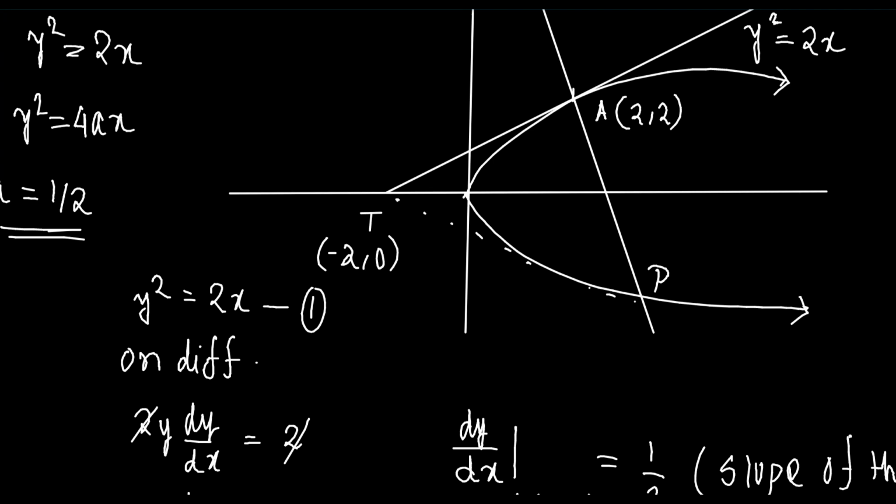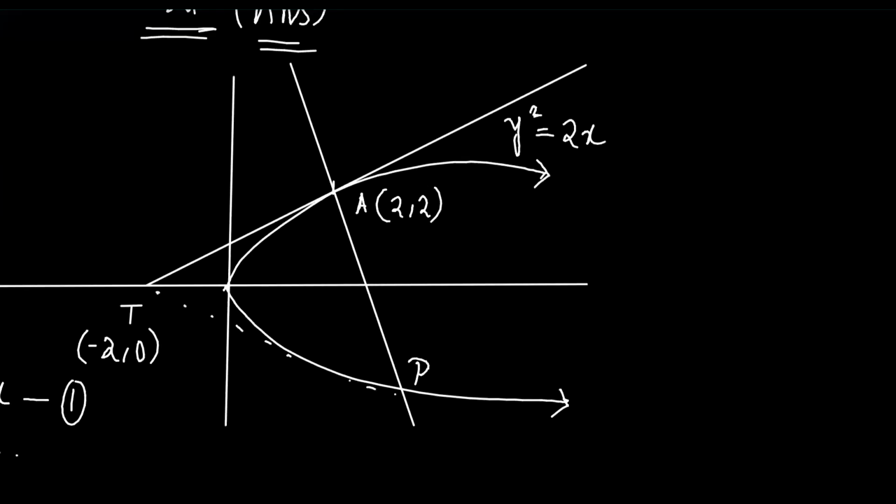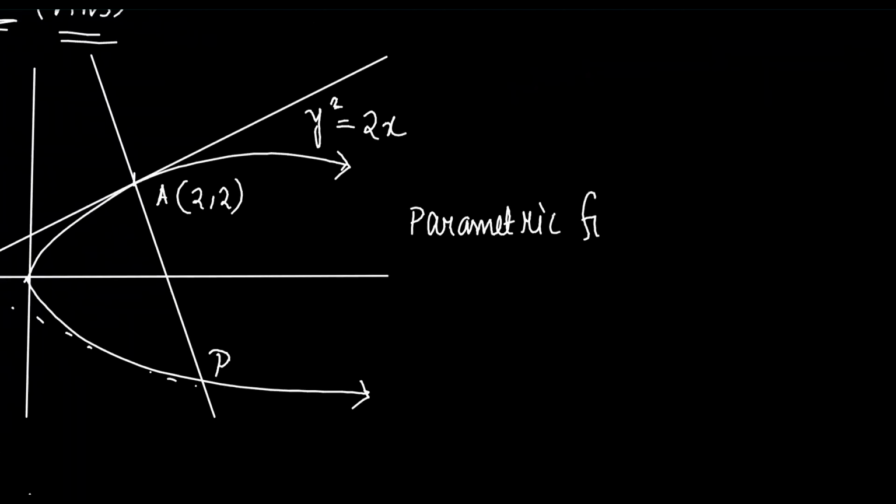Now we have to find the coordinates of this point P. Okay. So how can we find it? If you see carefully, we know the parametric form of the parabola.